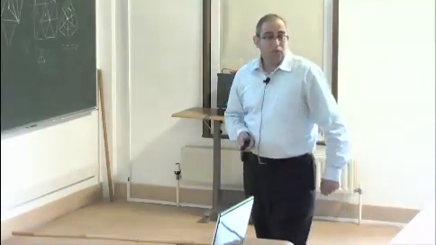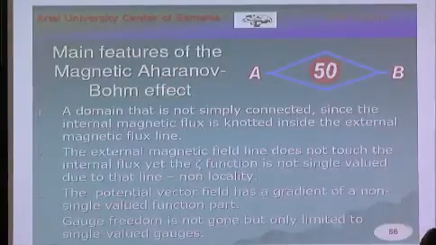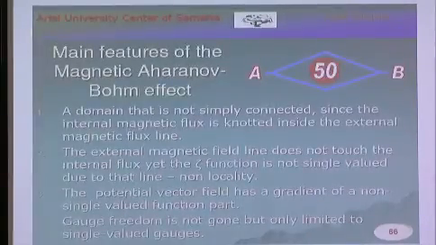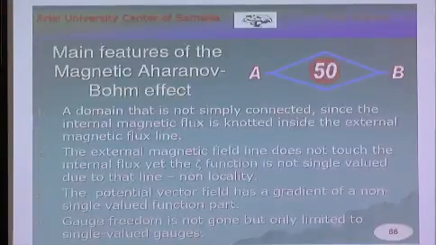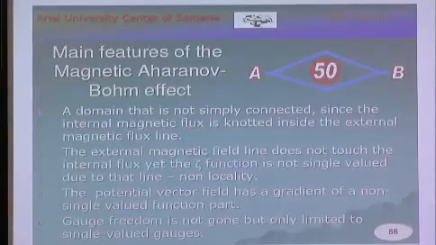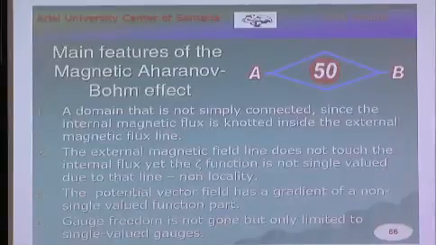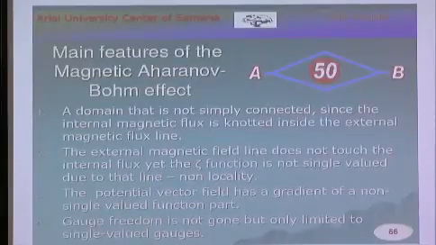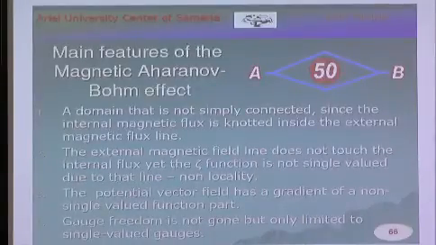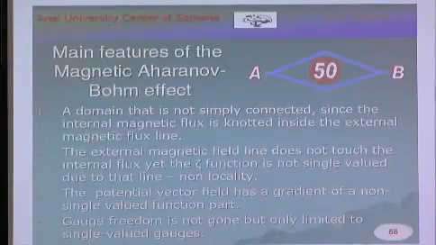Now, what this shows you is that really you have what I would call a magnetic Aharonov-Bohm effect. Well, what is the analogy between magnetic helicity and what we saw in the Aharonov-Bohm effect? Well, you have a domain that is not simply connected, since you have some internal magnetic flux which is knotted inside the external magnetic flux line.